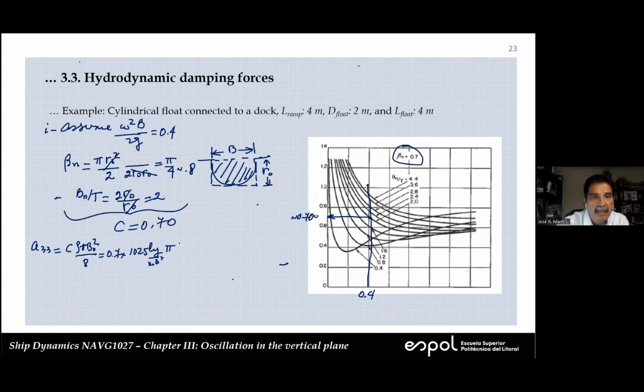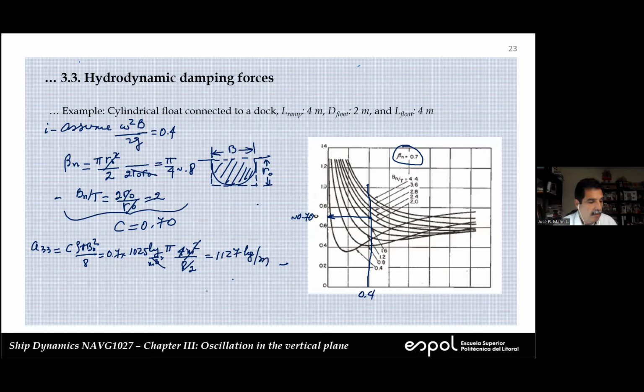The B is the diameter, which is 2. So it's going to be 4 meters squared divided by 8. So the result for me is 1127, and you can see that this is kilograms per meter.